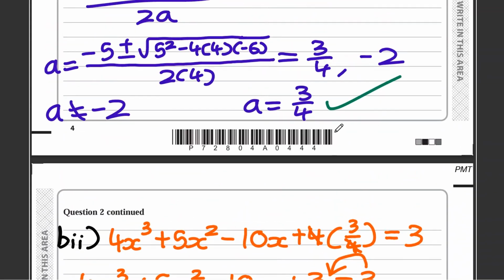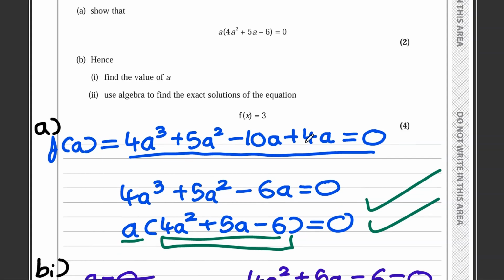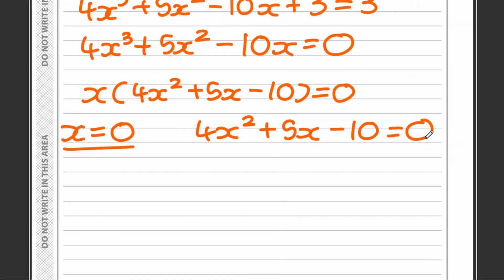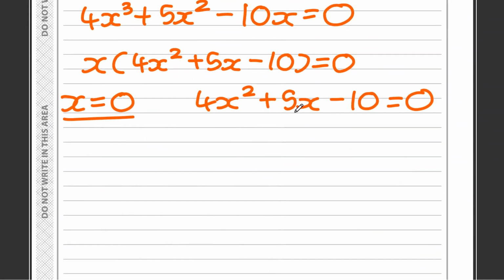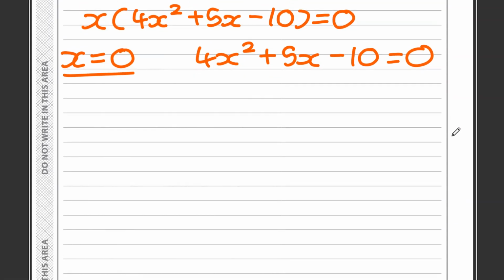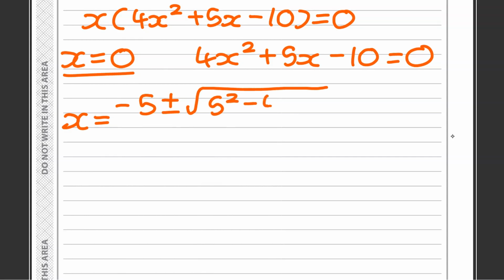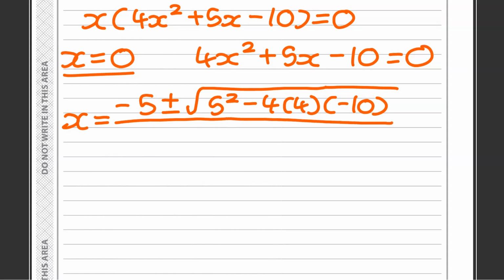For this, remember, it says that we need the exact solutions. So we're going to use the quadratic formula. Remember, it's this here. So a is 4, b is 5, and c is minus 10. So therefore, x here is equal to minus b, so minus 5, plus or minus the square root of b squared, so 5 squared, minus 4ac, so 4 times 4 times minus 10, and all of this is over 2a, so 2 times 4.